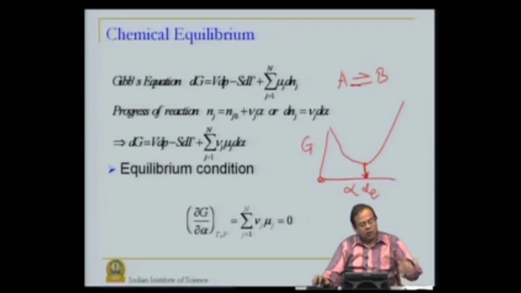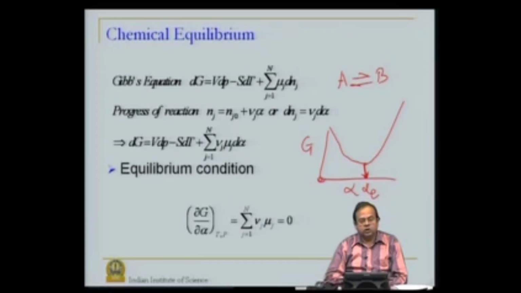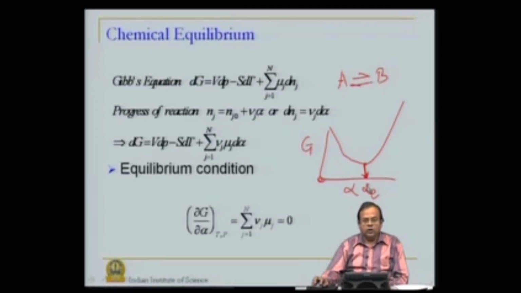So, from our Gibbs equation, we now know what the free energy is and what the condition of equilibrium is. We are only a step closer to getting the value of alpha at equilibrium. We are on our way. So, what do we now need? We need to know how this condition is related to the extent of reaction alpha. Looking at this condition as it stands, nu_j is the stoichiometric coefficient, which is given for a reaction, so there is nothing changing there.